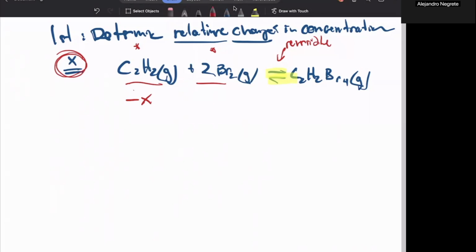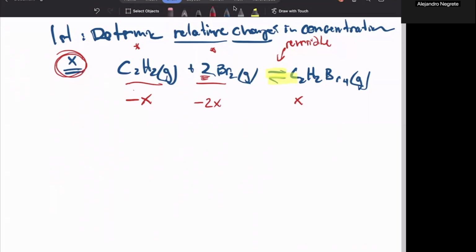And because of this 2 here, we're going to put minus 2X. It's going to consume these reactants and make the product. Again, X is just a variable. We haven't solved for X. We will learn how to solve for X, but for now, we're just learning how to build an ice table.